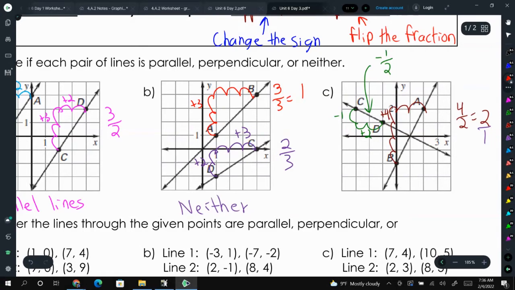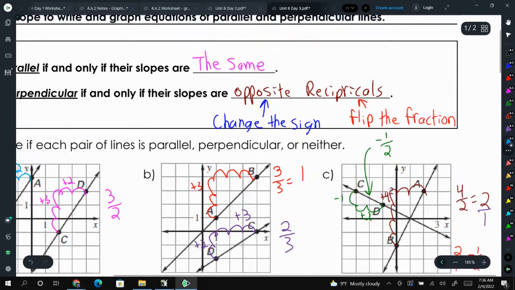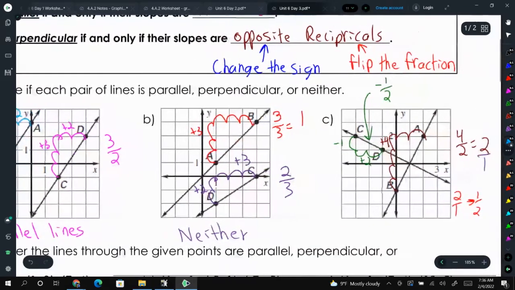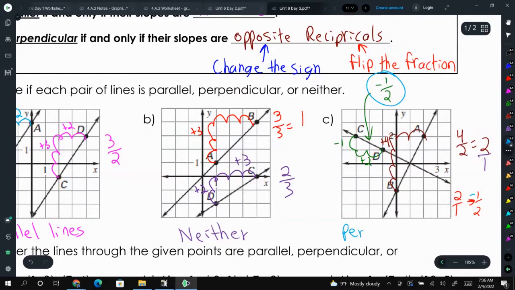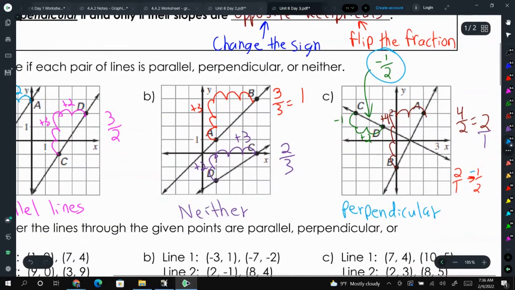If we look at 2 over 1 and we flip it, that becomes 1 over 2. And then it says opposite reciprocal. So change it from positive to negative, and we get what we had up here. So that's perpendicular. That's sometimes the hardest one to see, because people will forget to change the sign from negative to positive.